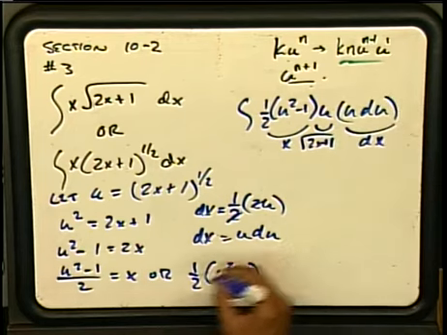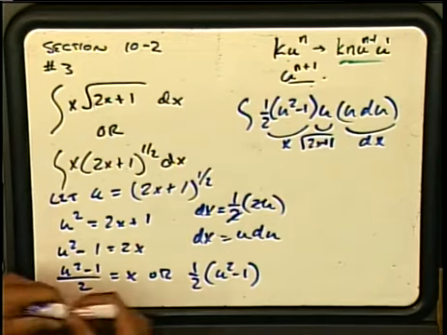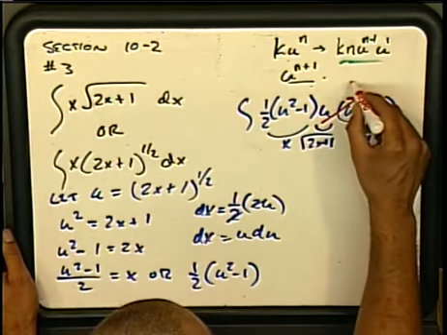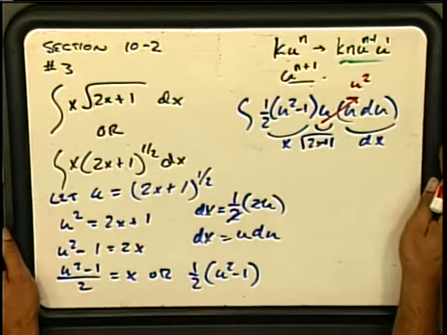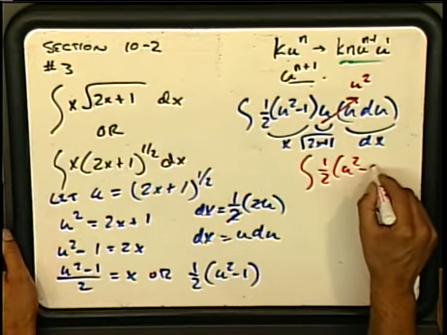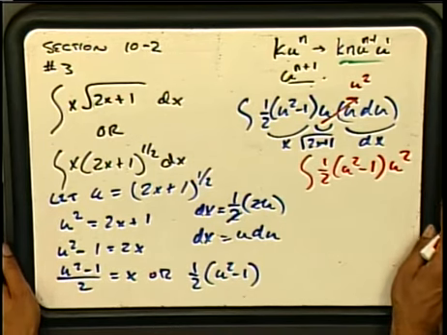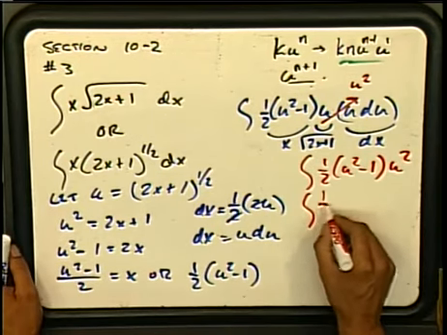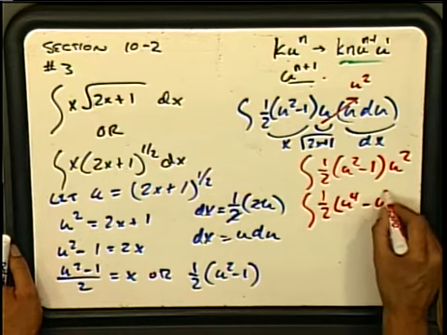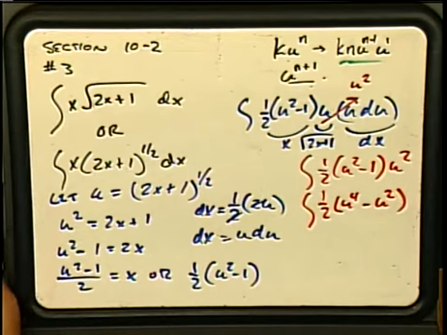And just simplify. That can become u squared. So 1/2 u squared minus 1 times u squared. 1/2 u to the 4th minus u squared du.